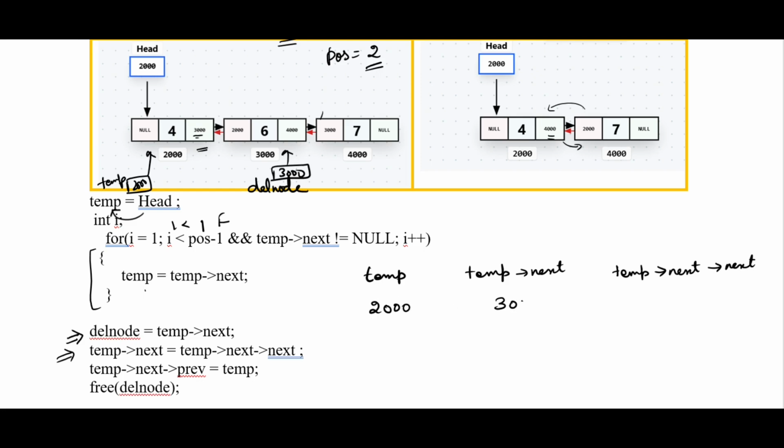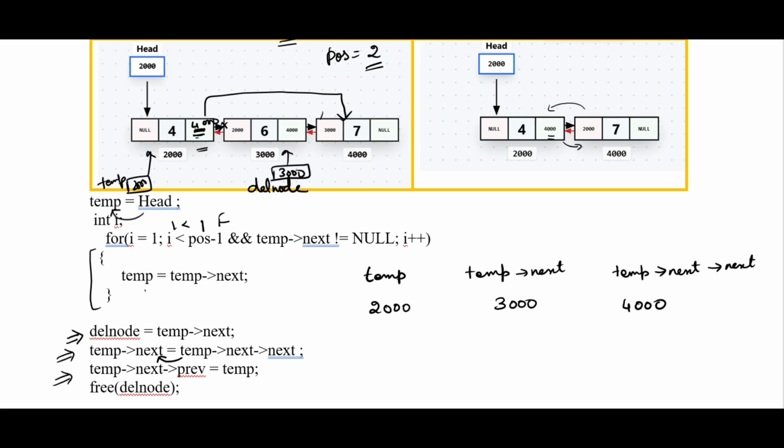Its next is 3000, and 3000's next is 4000. Now the temp of next's next, 4000, is assigned to temp of next. So here I have to assign 4000. So 4000 means it is pointing to this node, not this one. That is the first step.